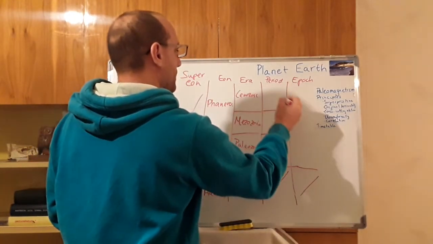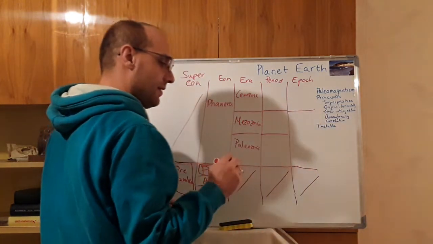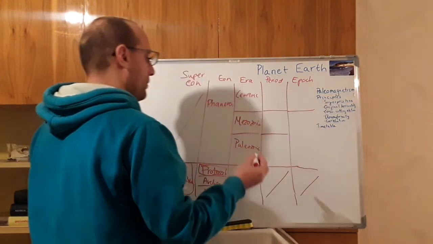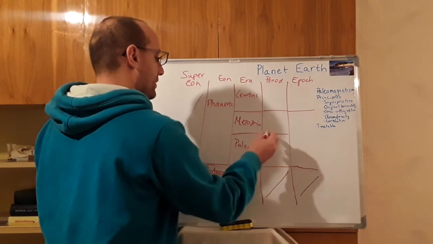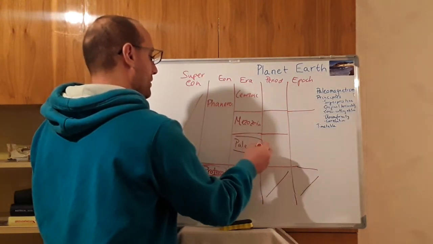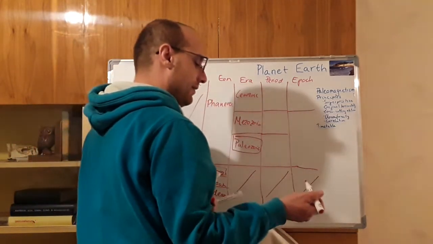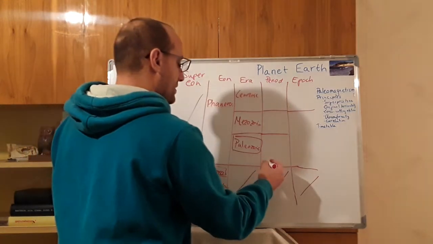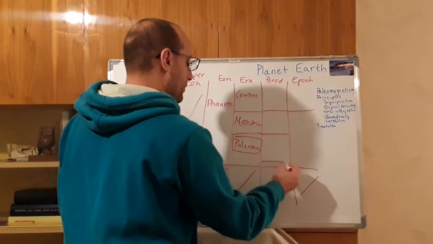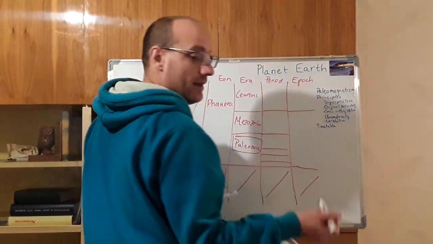Here there will be, again, different bits that are interesting for us. But now, today, here in this video, I just want to speak about the Paleozoic, which means the old forms of life.